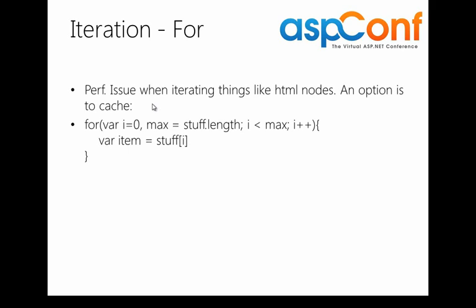There is a performance issue here, in that for each iteration of the loop, stuff.length will actually be executed. Now that might not sound too bad, but if you're iterating over DOM elements, it can be quite costly.